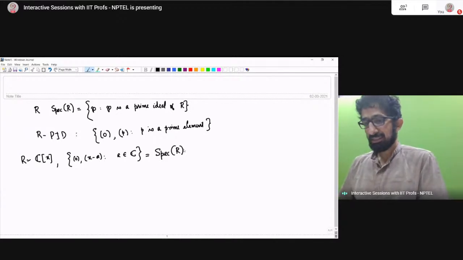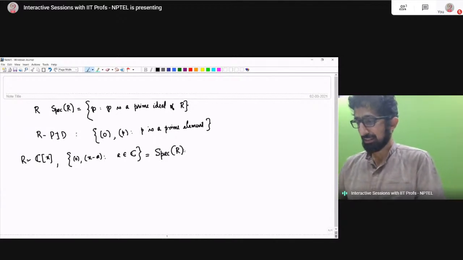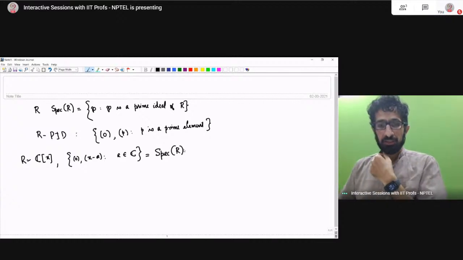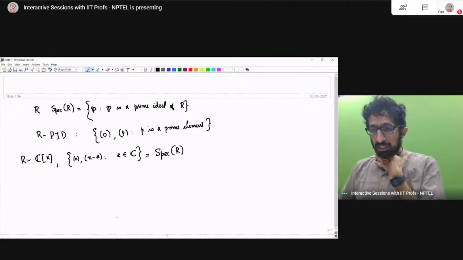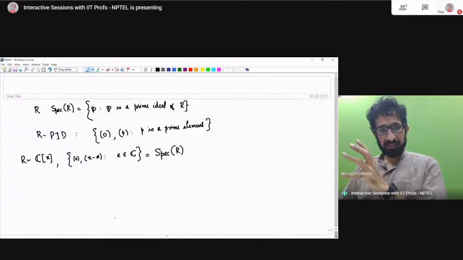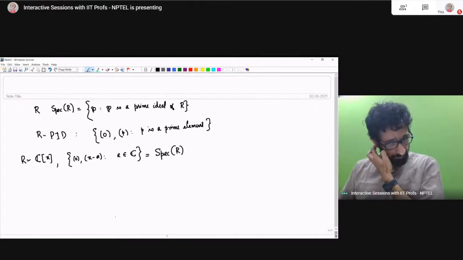Now this one can see as a topological space. So what is meant by a topological space? I hope you have done a basic course in topology. It's a set with structure defined on it, structure defined using open sets or closed sets.